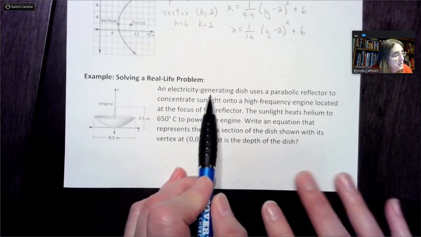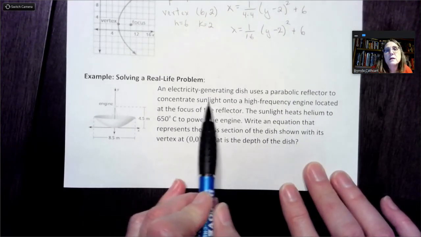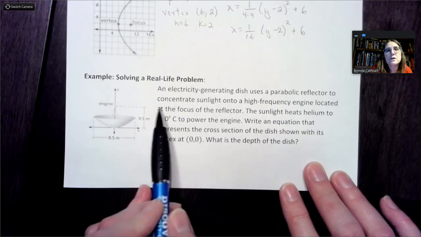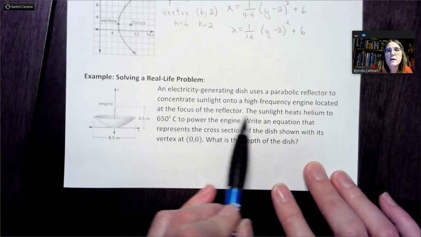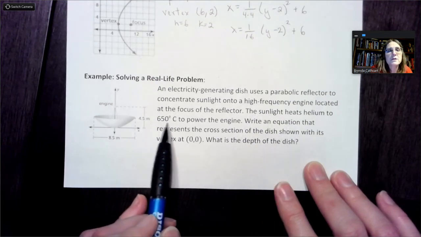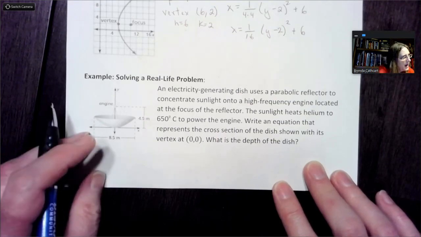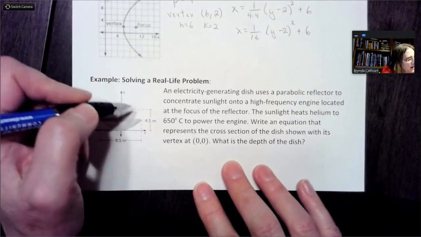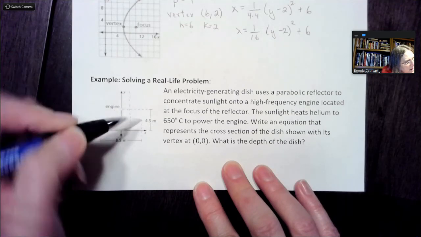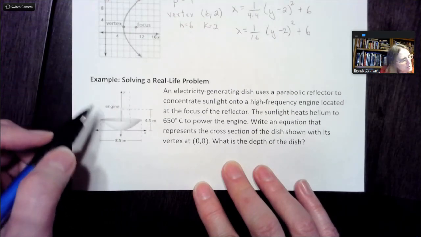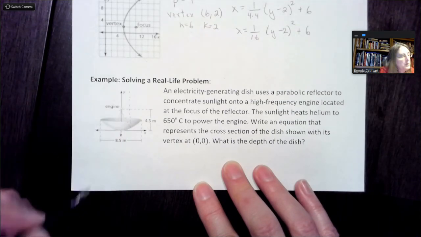We have an electricity generating dish that uses a parabolic reflector to concentrate sunlight onto a high-frequency engine located at the focus of the reflector. The sunlight heats helium to 650 degrees centigrade to power the engine. So what happens is that the sunlight comes and strikes the edge of the parabolic dish, and it will reflect back up to the focus.